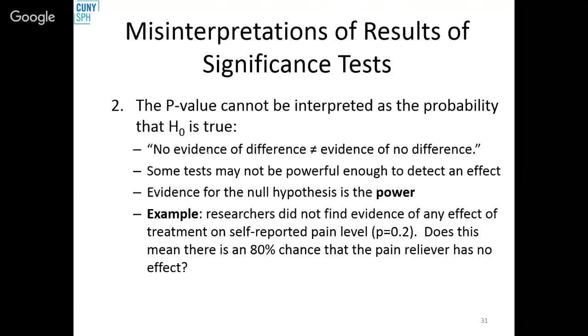Remember, you calculated this sample mean. You figured out what the sampling distribution was under the null hypothesis. This is mu0. This is your standard error.